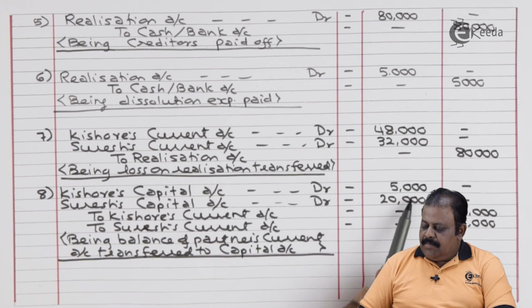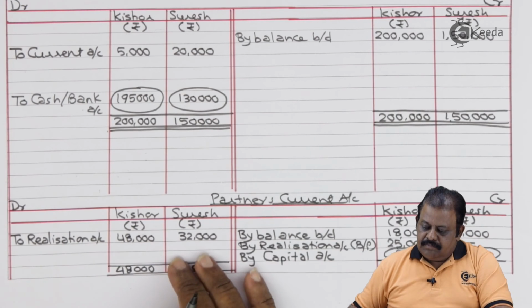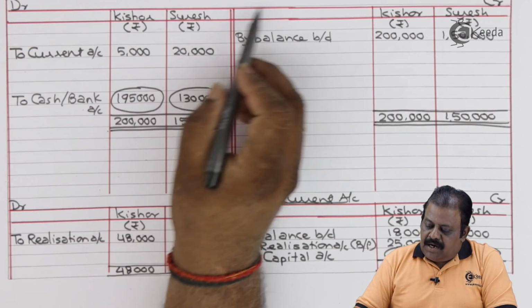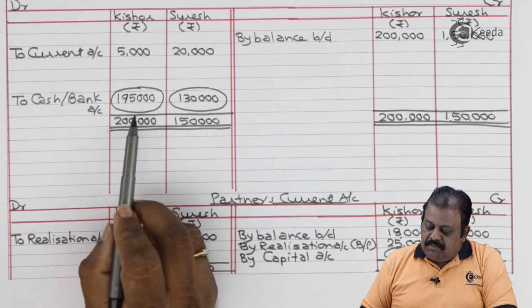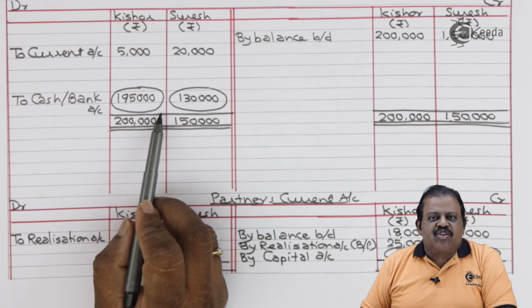Kishore's capital account debit 5,000, Suresh capital account debit 20,000, to Kishore's current account 5,000, to Suresh current account 20,000, being balance of partners' current account transferred to capital account. Finally, partners' capital accounts are closed. Balancing figure we are having on debit side, it is transferred to cash bank account.